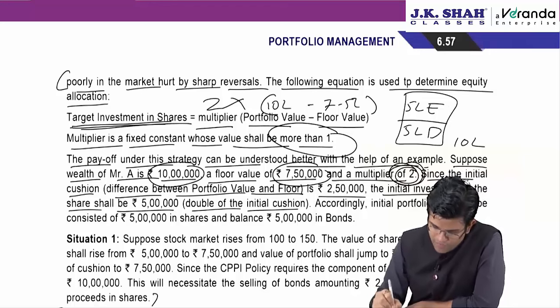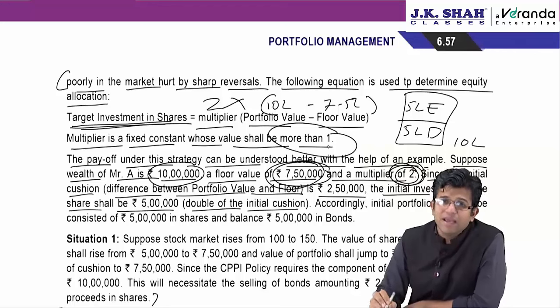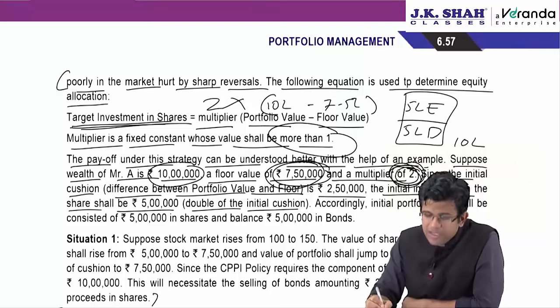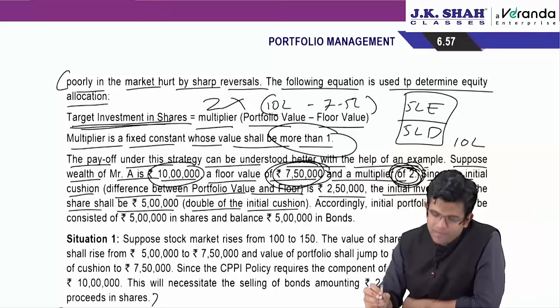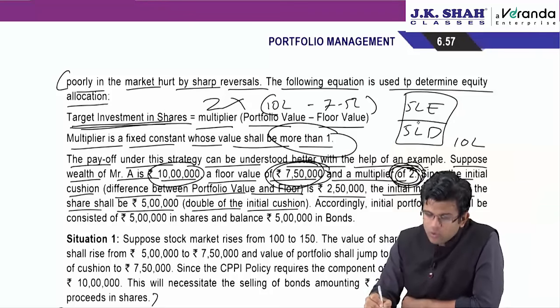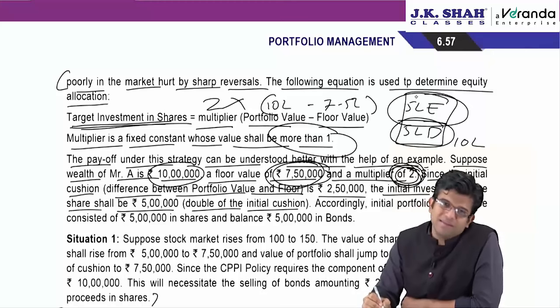Students, his floor value was 7.5 lakh. He should have invested 7.5 lakh in the bonds according to the previous policies. So he's saying that considering a multiplier of 2, I want to take some risk. Instead of investing 7.5 lakh in safe, he is investing only 5 lakh in safe and 5 lakh in risky. So that is the meaning of multiplier.